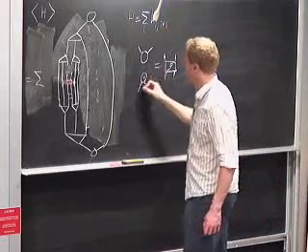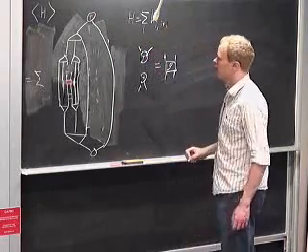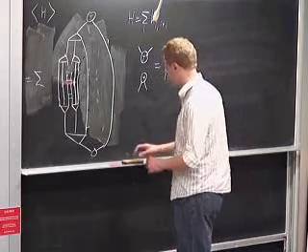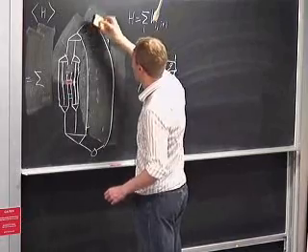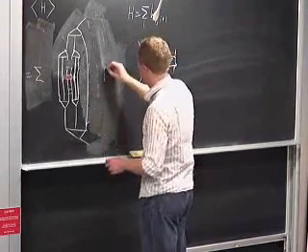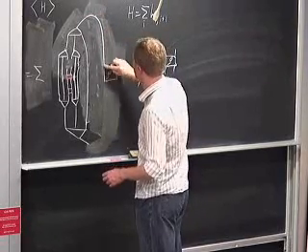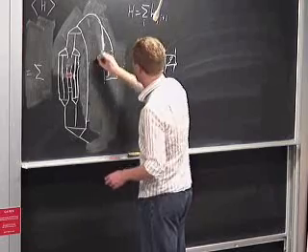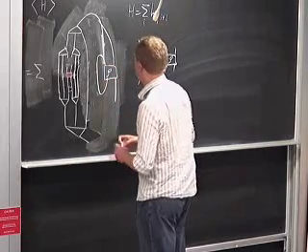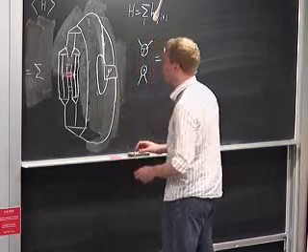So this is the top tensor here, and this is T dagger. So we can put in a reduced density matrix like that.